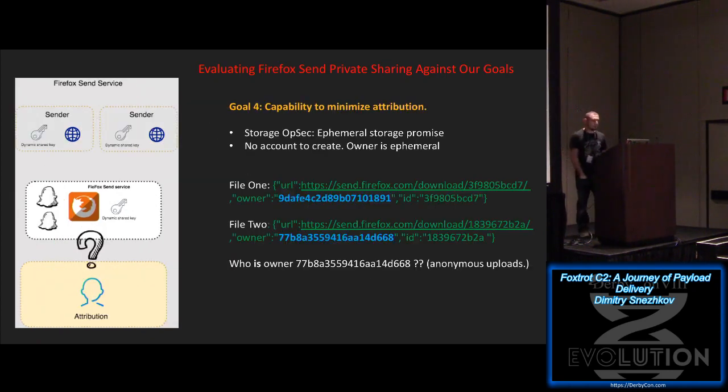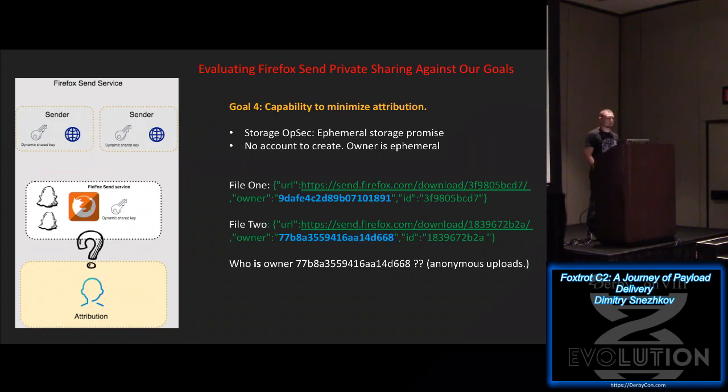Okay, so on to number 4, minimization of attribution. In the beginning, when we started talking about Firefox Send, what we said is that it's like Dropbox, or like Box, or maybe Google sharing, but it's really not. It's anonymous. You do not have to have a credential or user ID and a password to sign up.